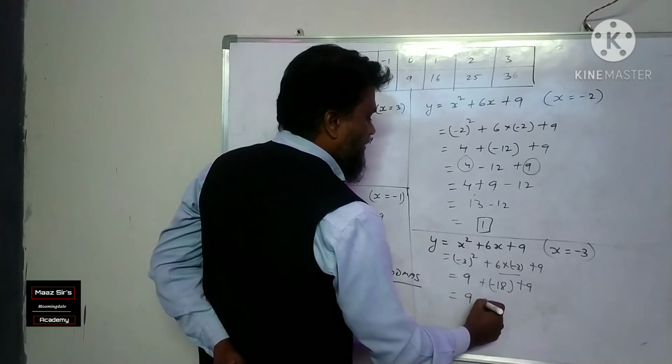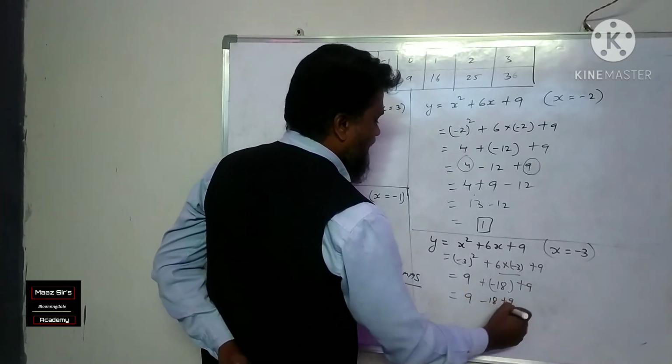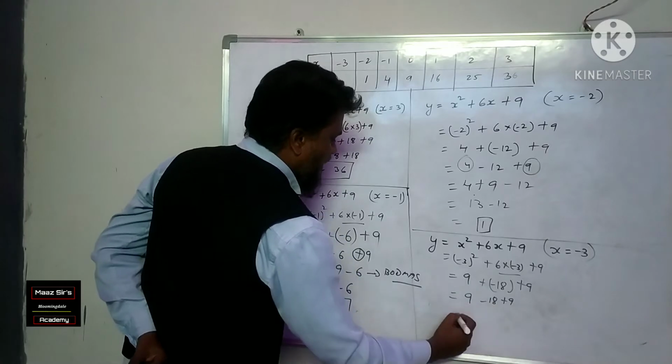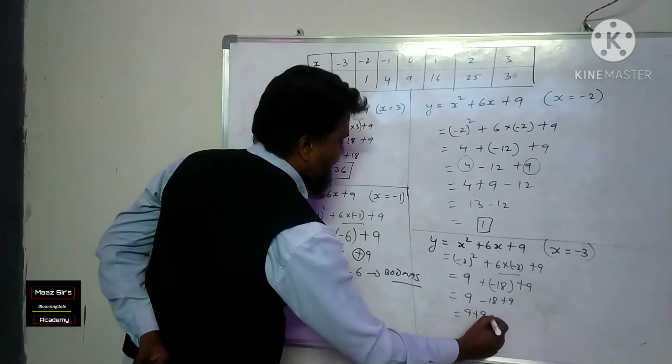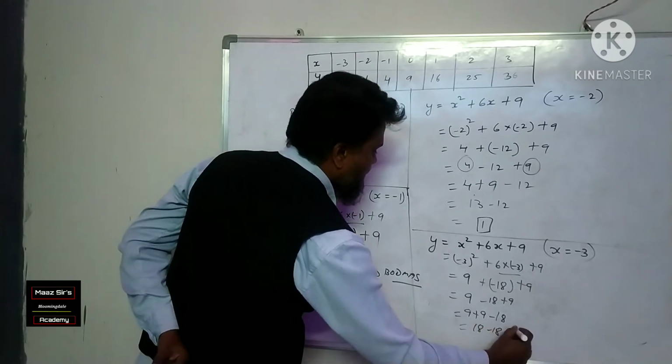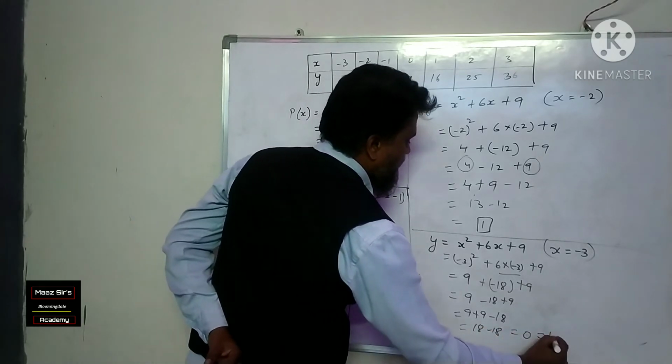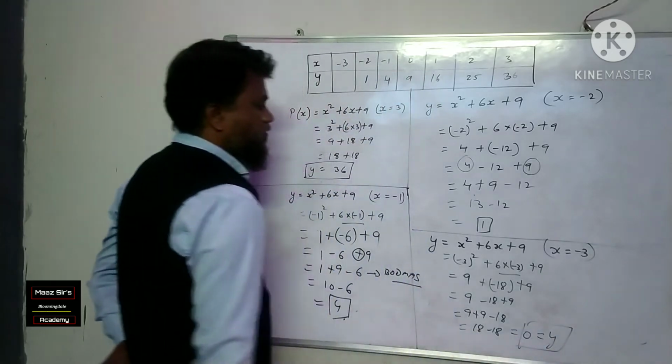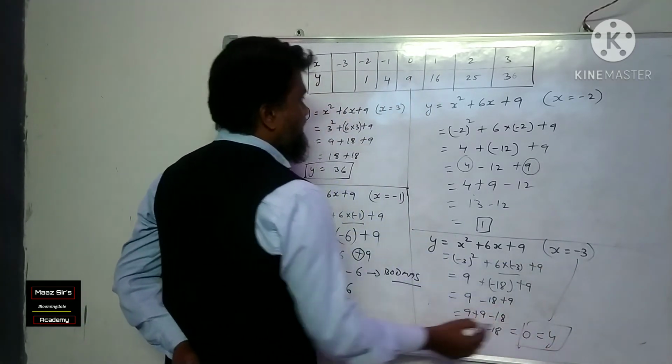So 9 minus 18 plus 9. So BODMAS, 9 plus 9 minus 18. So 18 minus 18 is 0. So y is equal to how much? 0 for the value of minus 3.